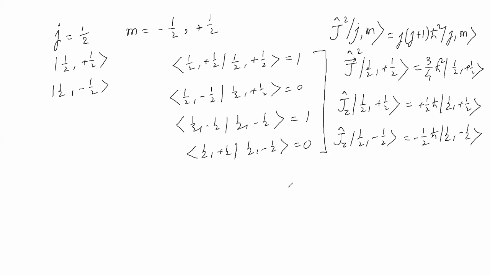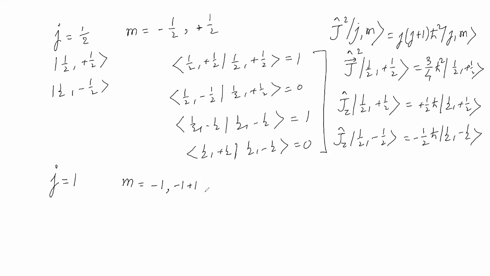Now, this means if I ask you the question, if J is 1, what will be the possible values of M? Then that M will go from minus J to plus J in the step of unity.